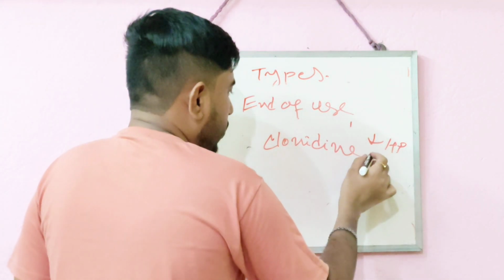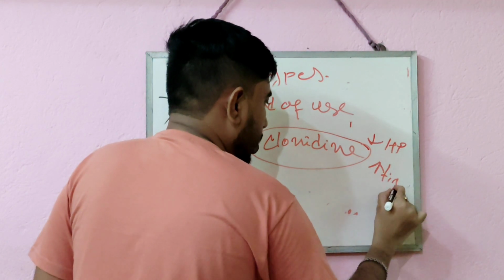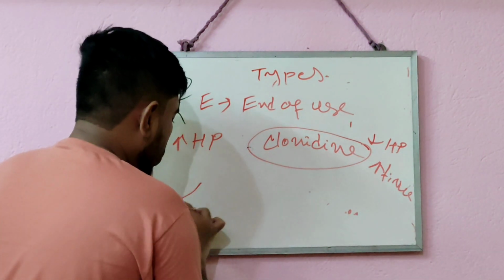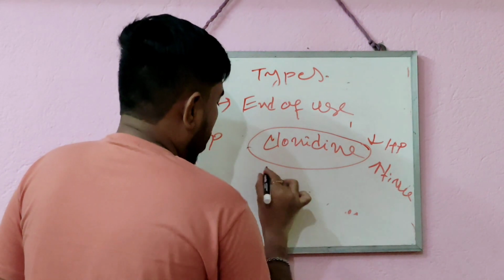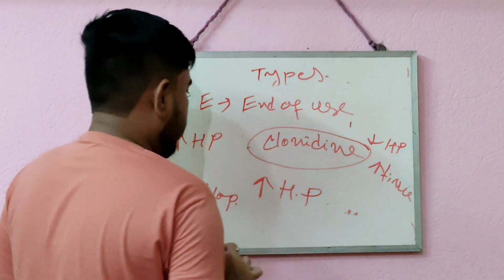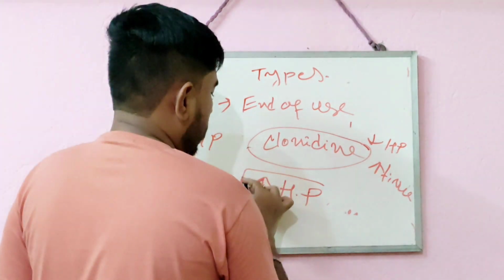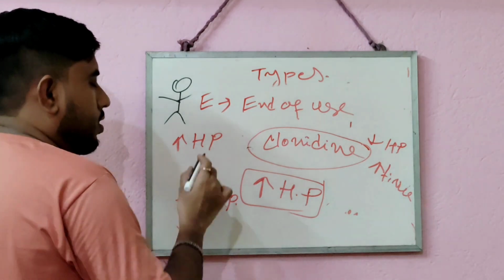After a certain time, when you stop that drug, this can cause the reoccurrence of hypertension, that is high blood pressure. So this is E type.